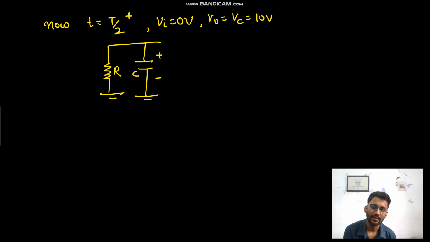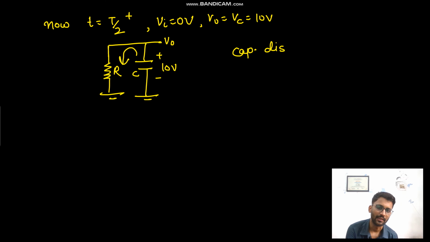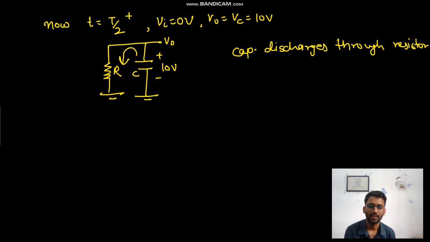So this C is at 10 volt. Now what happens is that this capacitor discharges through the resistor. So now there will be discharging.